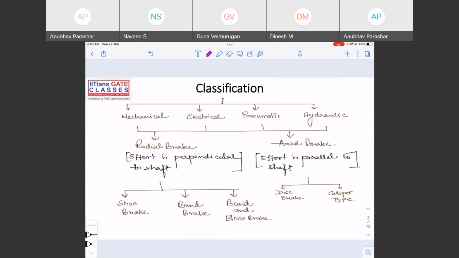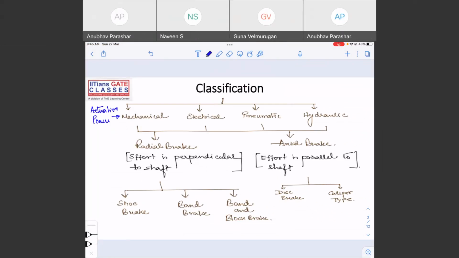If you see brakes, what are the different classifications of brakes? Brakes can be classified into mechanical, electrical, pneumatic, hydraulic on the basis of the actuation power, where the actuation of the brake comes from. It could be mechanical, meaning I'm mechanically applying some force by my hand or by my feet.